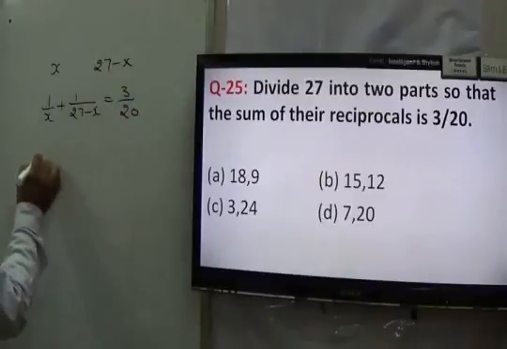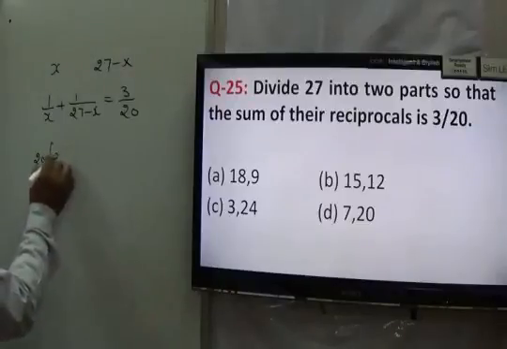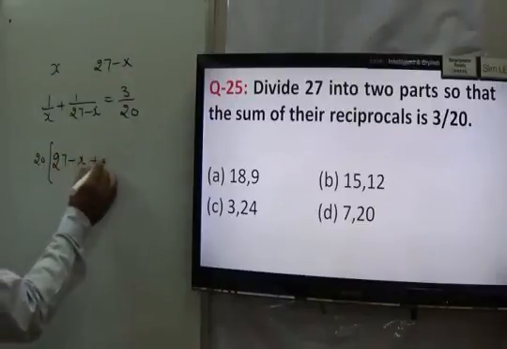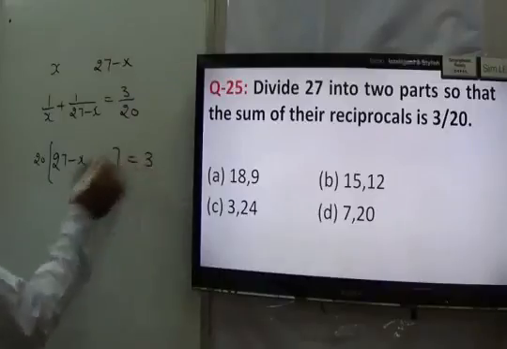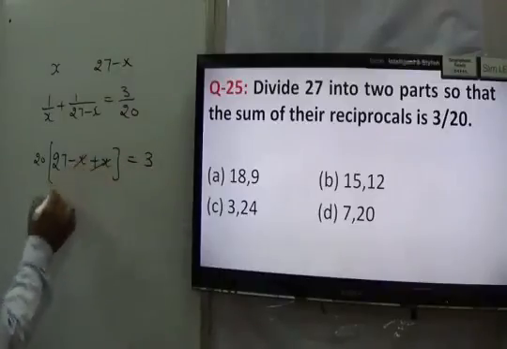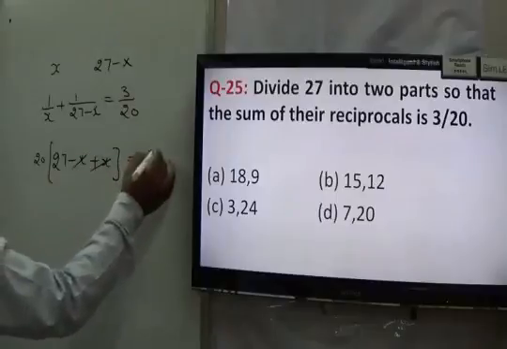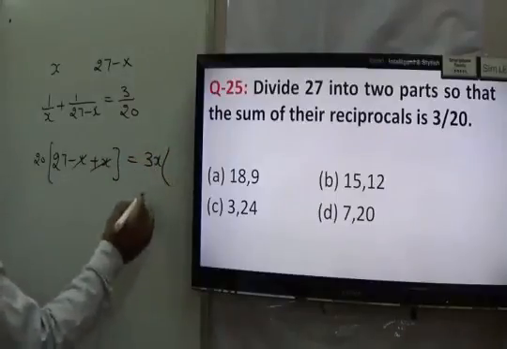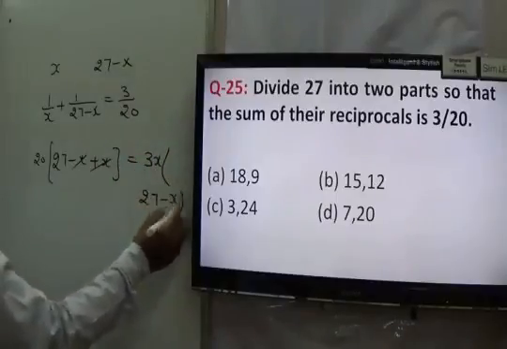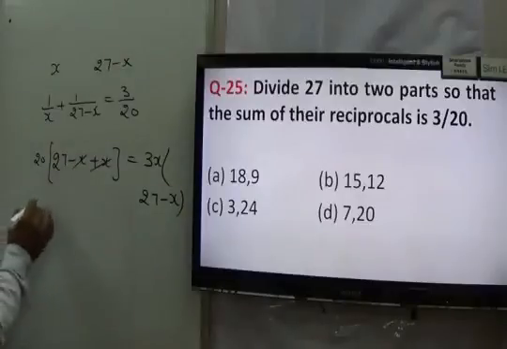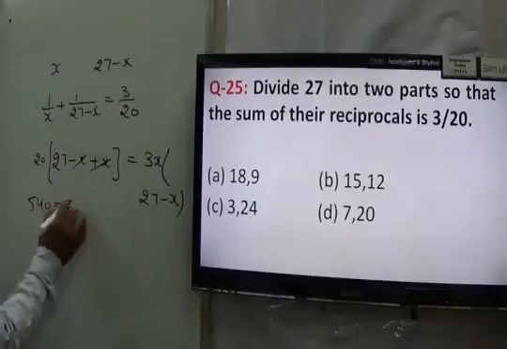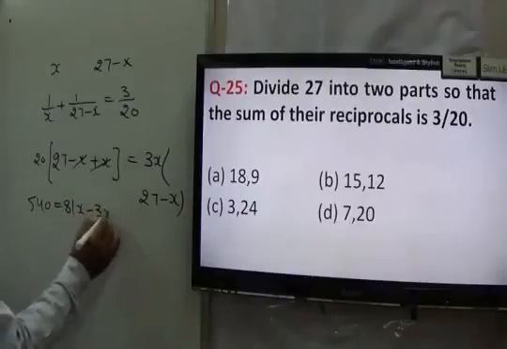We can make it as 20 will come this side, take the LCM, that would be 27 minus x plus x equal to 3, or else I can say that would be taken as x into 27 minus x, right? Here I can say that would be 20 into 27, 540, and here we can say that 81x minus 3x square, right?